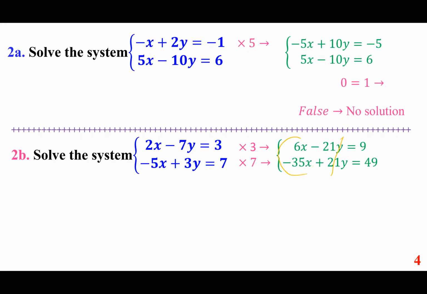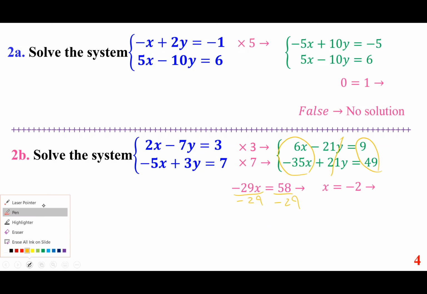So these two add up to negative 29x. These two add up to 58. Divide both sides by negative 29. X becomes negative 2. And you can use one of the original equations.